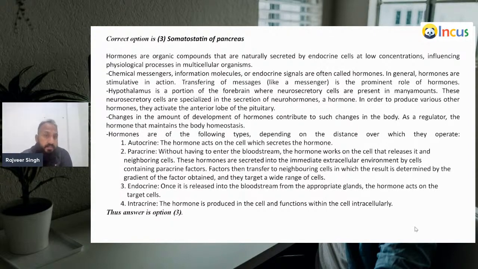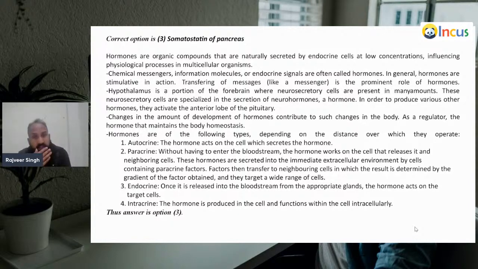They activate the anterior lobe of the pituitary, right? Change in the amount or development of hormones contributes to changes in the body. As regulators, the hormones maintain body homeostasis.